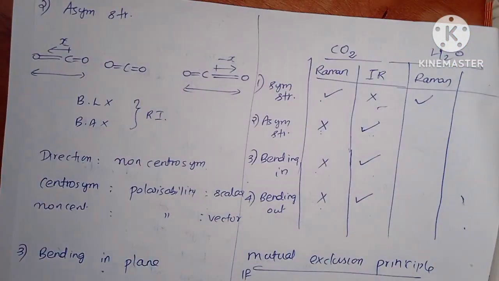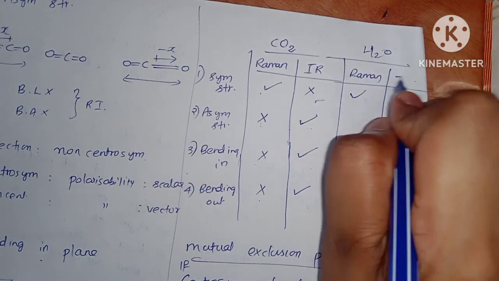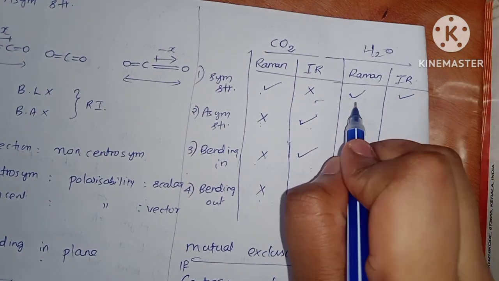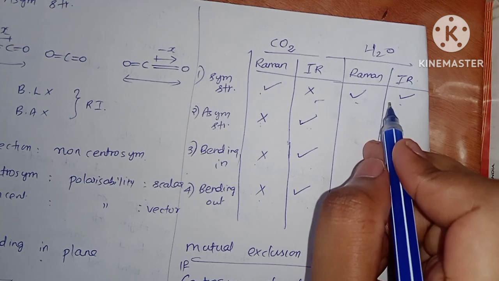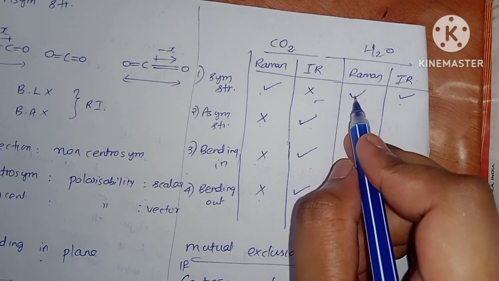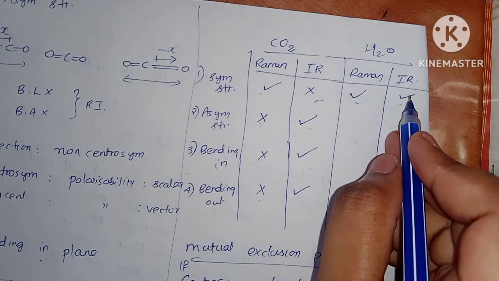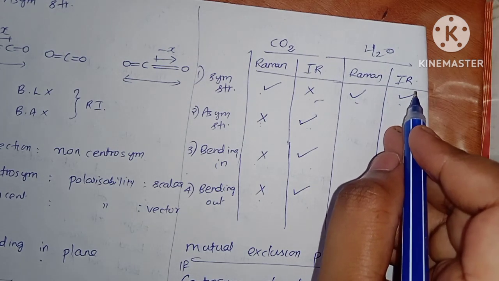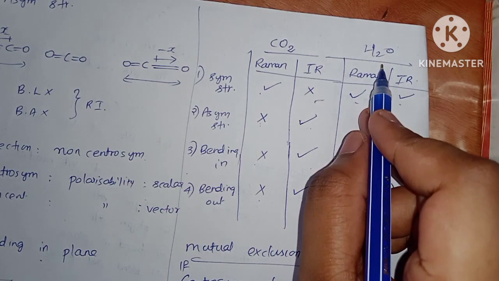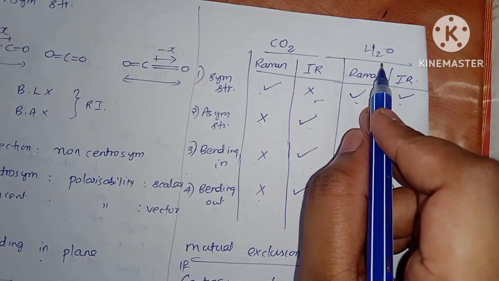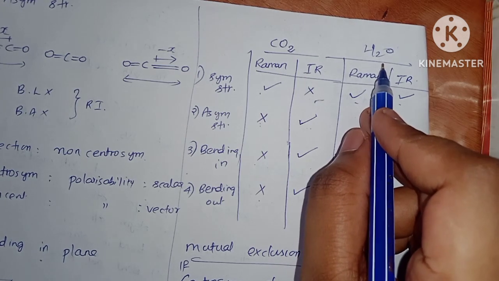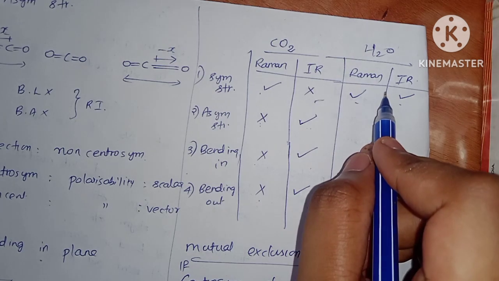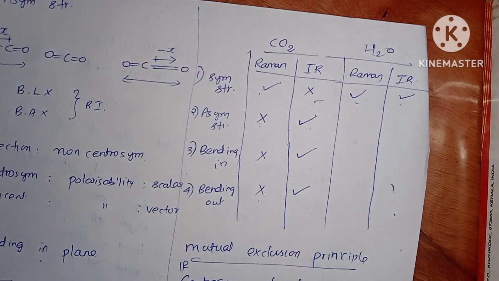Accordingly, that vibration of the H2O molecule is IR active. So here you can see there is no complementary result obtained. If it is Raman active, there is a chance for IR activity also. That is because H2O is not a centrosymmetric molecule, it's a non-centrosymmetric molecule. So the mutual exclusion principle cannot be obeyed.